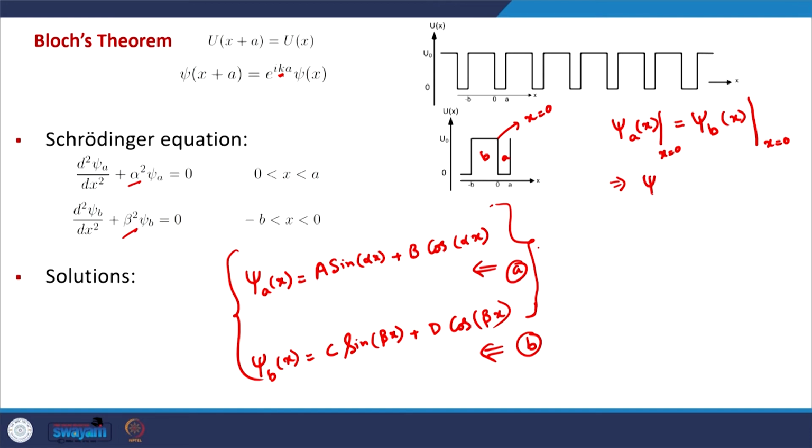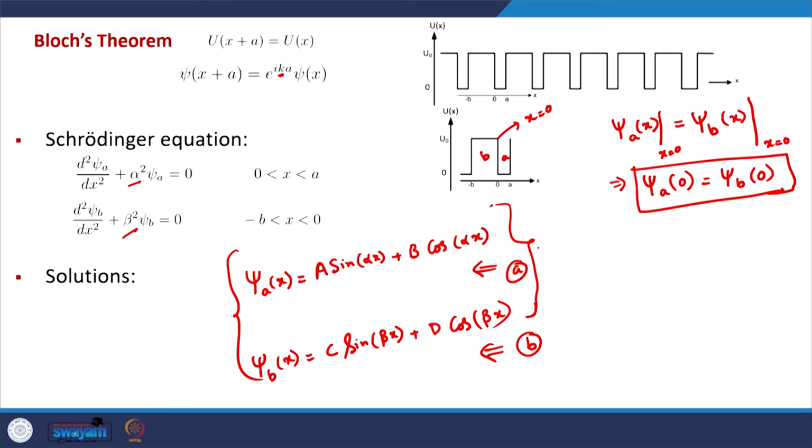So the first boundary condition is psi A(0) equals psi B(0). That comes from the continuity of the wave function, as we discussed in the postulates of quantum mechanics.